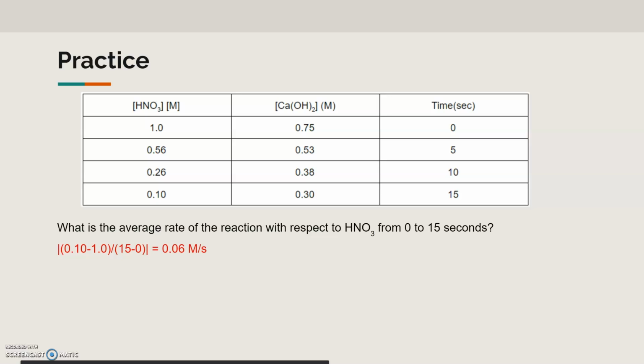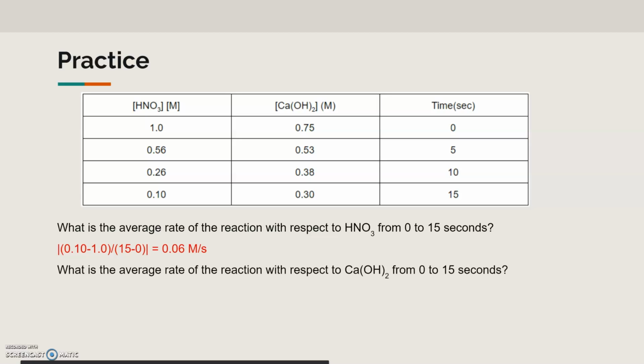I'm closing the parentheses and dividing by the ending time, which was 15 seconds, minus the starting time, which was 0 seconds. Closing the absolute value sign and placing that in my calculator, I get 0.06 molarity over seconds.